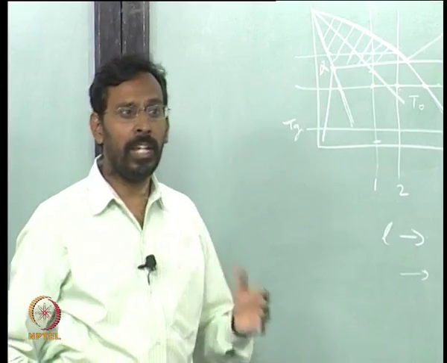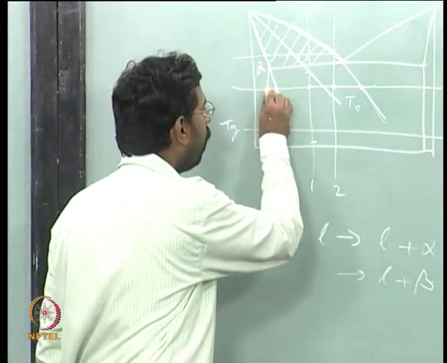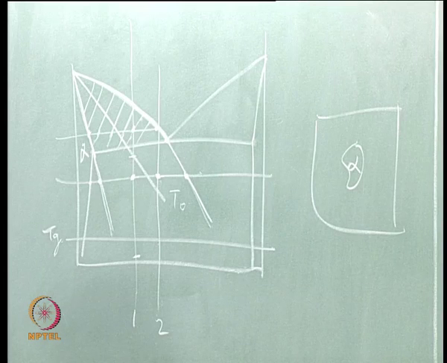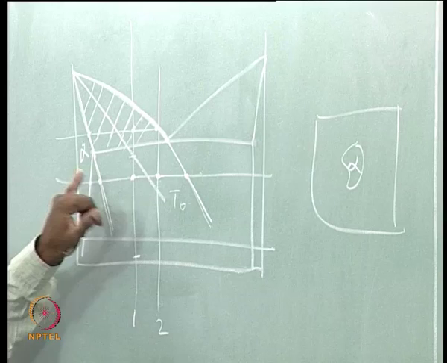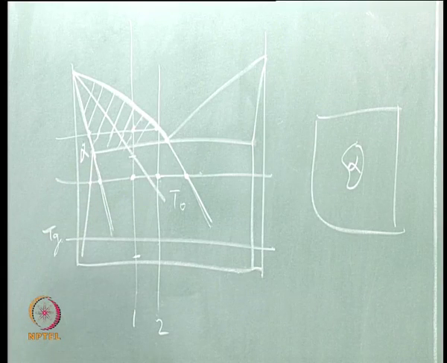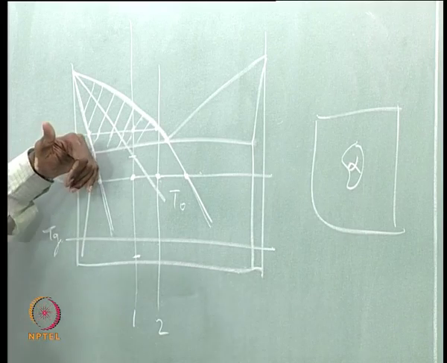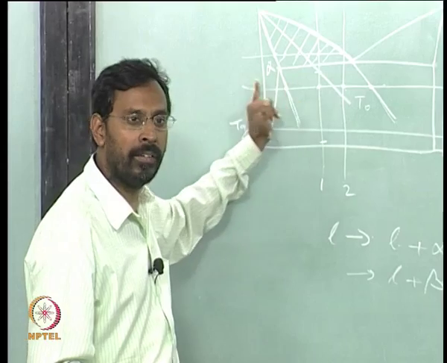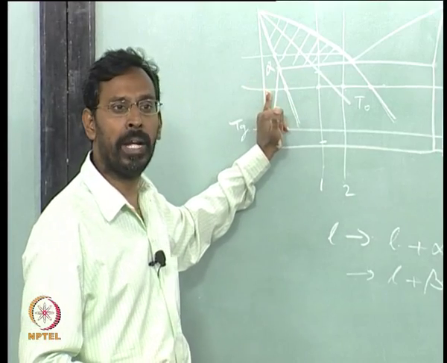If alpha has to be in equilibrium with beta, only alpha of this composition can be in equilibrium with beta. So, as a result, the alpha composition shifts from here to here, so that it can be in equilibrium with beta, and the composition is becoming lower in B content.